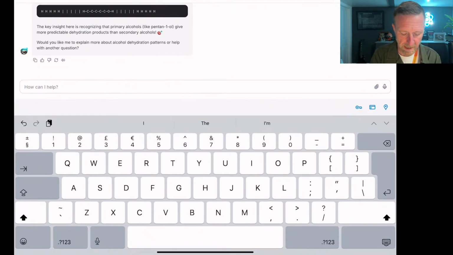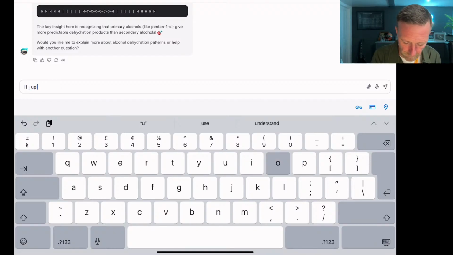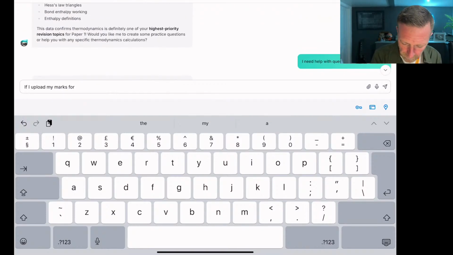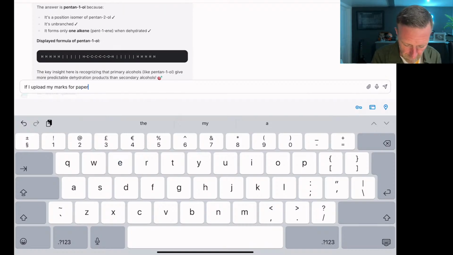So let's say I haven't got a set of results, but if I upload my marks for Paper 3 2023, question by question, can you give me a list of topics to focus on based on what I got wrong?